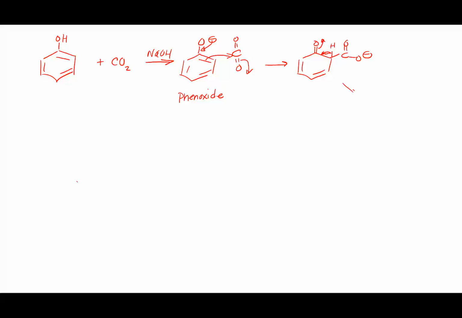So I'm going to end up forming the O minus, reforming the aromatic ring, and then having the deprotonated carboxylate on the other side. And then this will pick up two H pluses, and we'll end up with the phenol, and now the carboxylic acid.